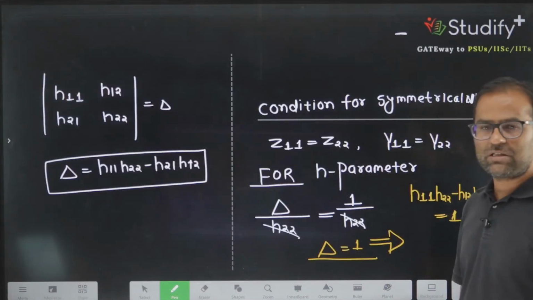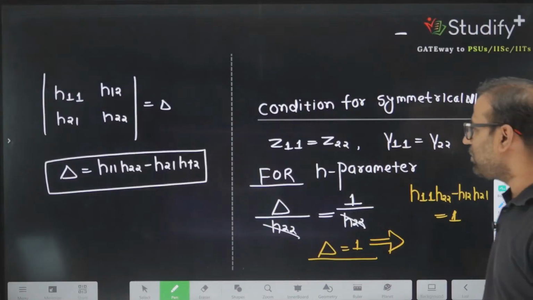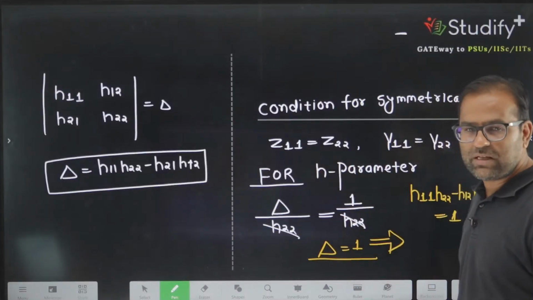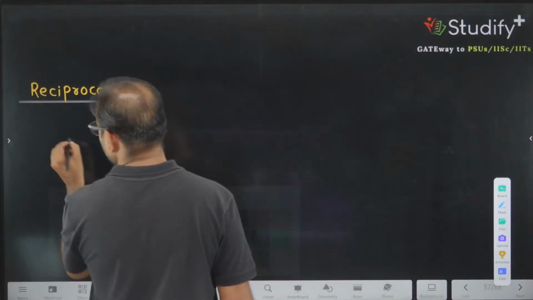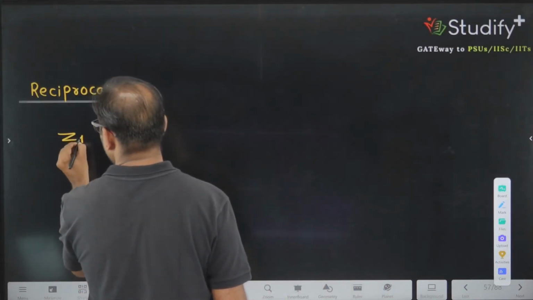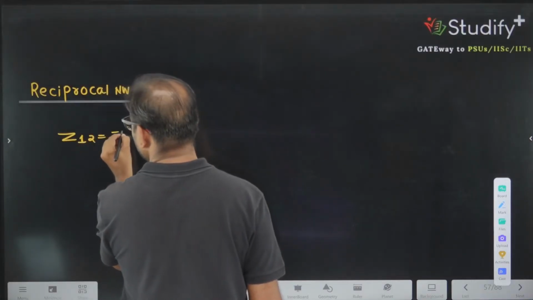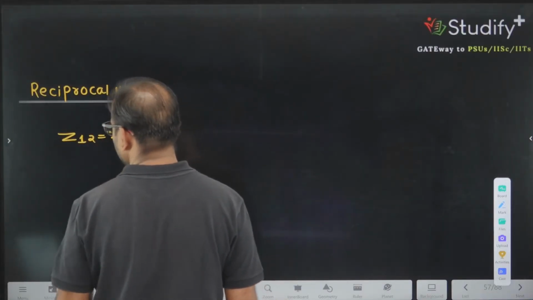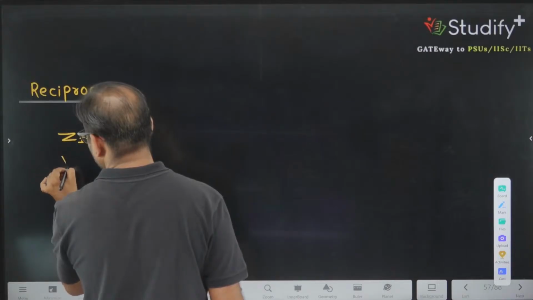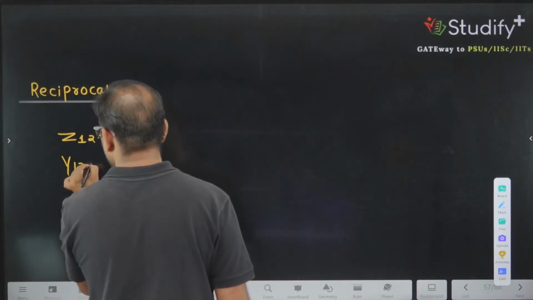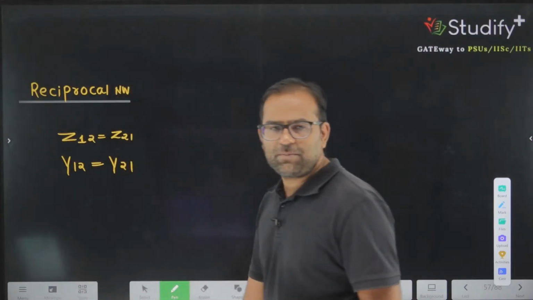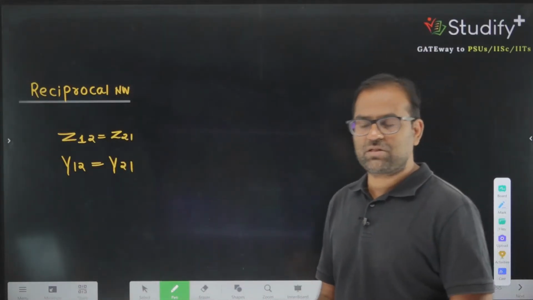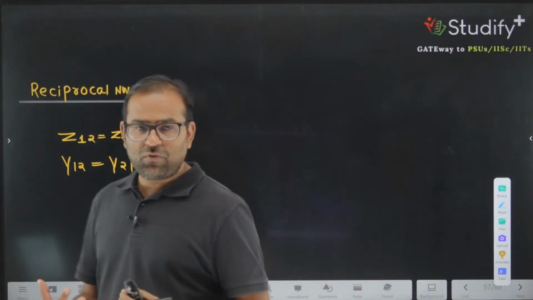The condition for reciprocal network is Z12 equal to Z21. Means for Z parameter we have the rule: if Z12 is equivalent to Z21, or you can say if Y12 is equivalent to Y21. This is the condition for reciprocity in Y and Z.